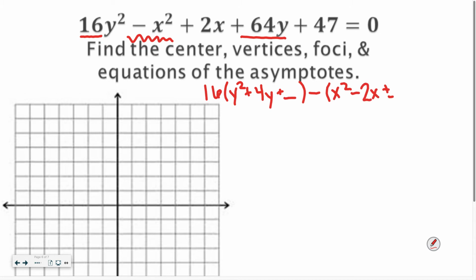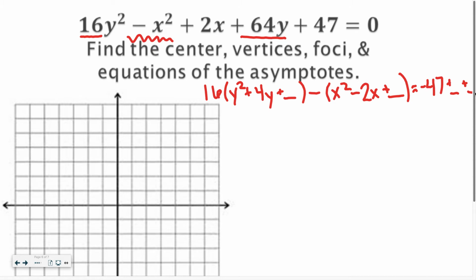So notice how this is going to become minus 2x. We'll leave room for completing the square. And then I'm going to subtract the 47 over because we know we're going to want all of our constants on the right side, just like we did yesterday.